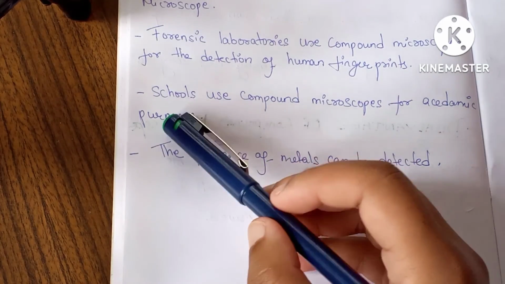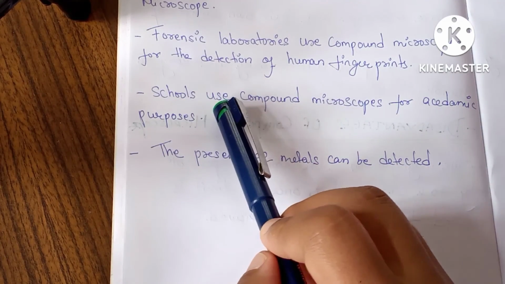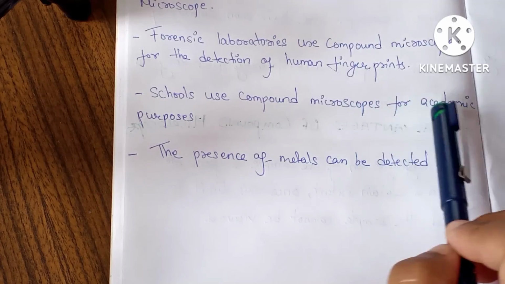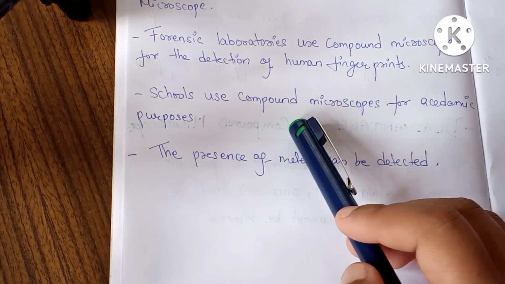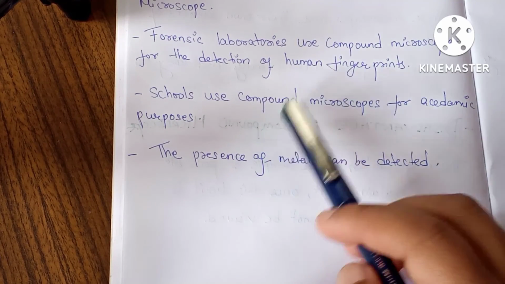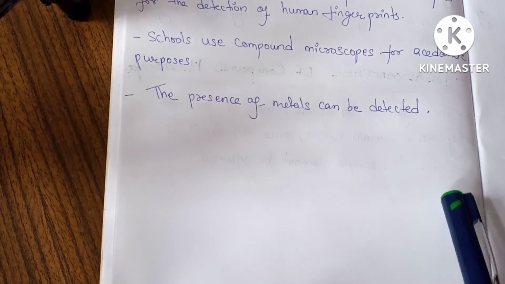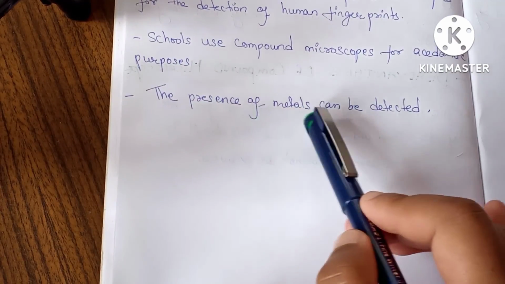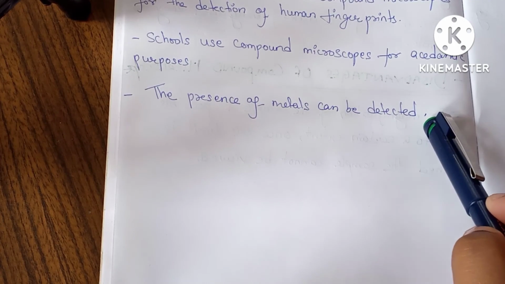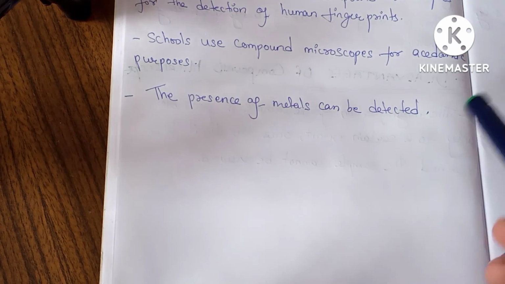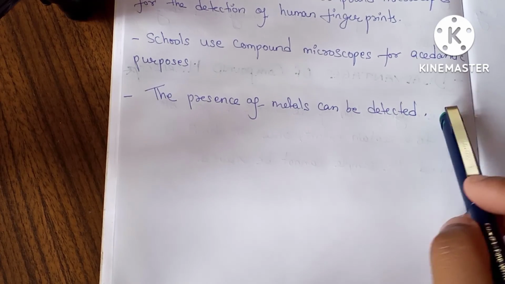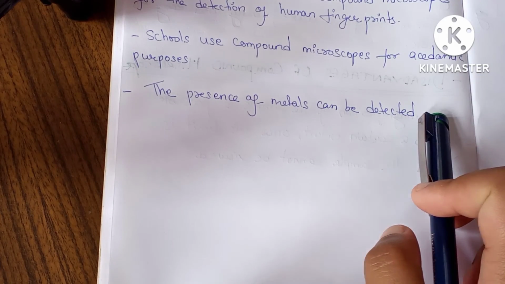Number 3, schools use compound microscopes for academic purposes, like in our laboratory we have many types of microscopes, so we use them for academic purposes. And number 4, the presence of metals can be detected, that means the presence of minerals in the soils and so on can be detected using a compound microscope.